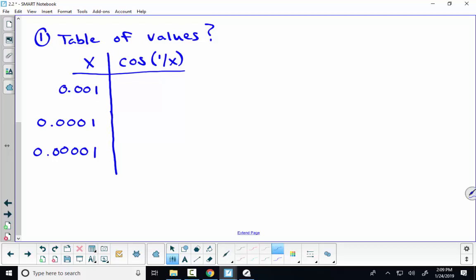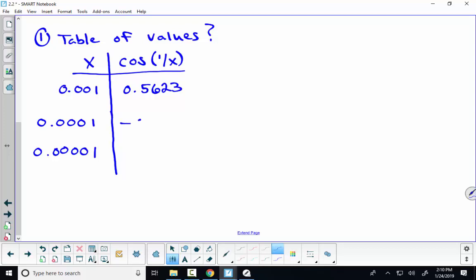Cosine of 1 over 0.001. Somebody get that? 0.5623. Okay. Anybody have the next one?